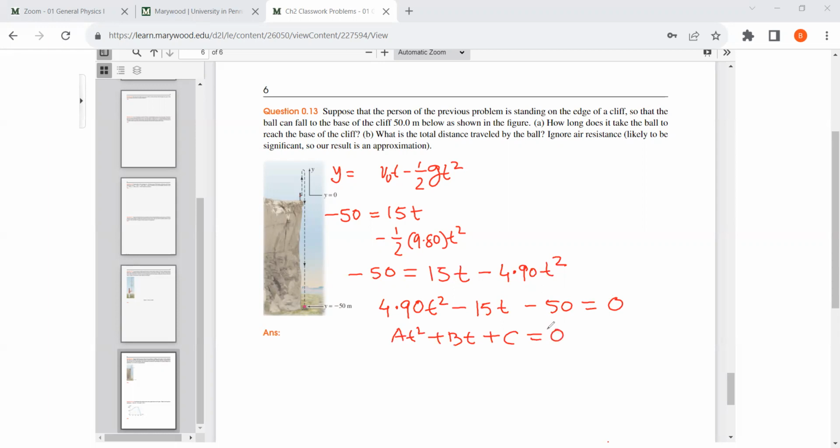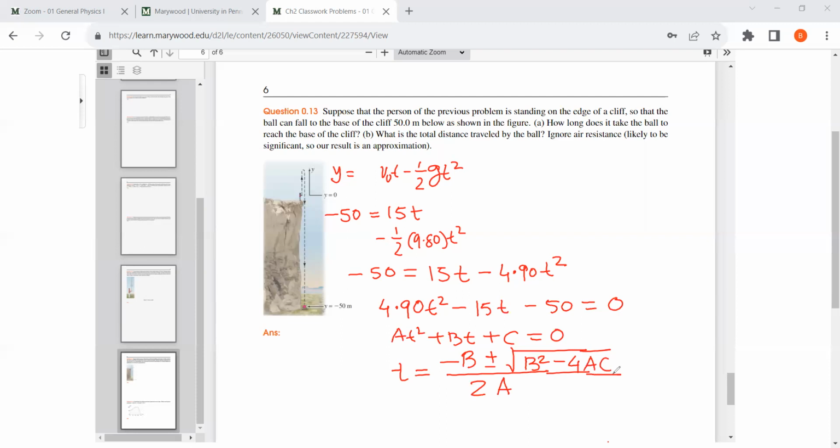And in math class, you already learned that if we have an equation like this, the solution of these equations will be something like this: t equal to minus b plus minus square root b square minus 4a times c, over 2 times a.